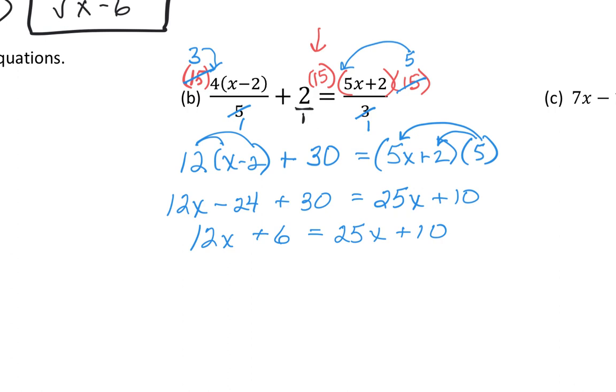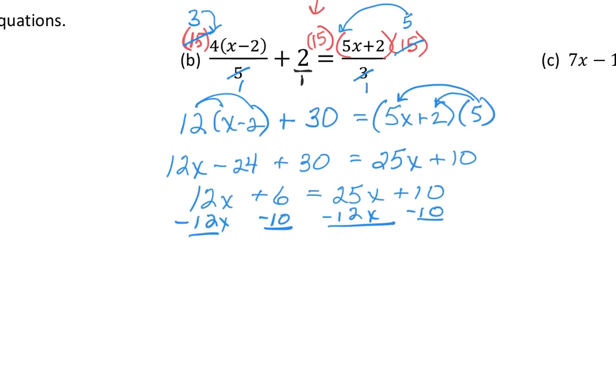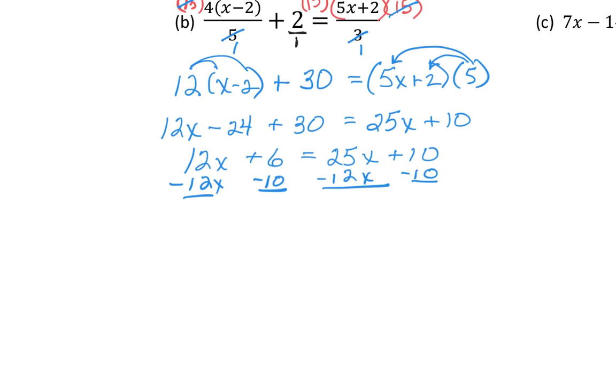Okay, so what do I want to do? I'm going to take 12x and subtract it from both sides. And now I'm going to take 10 and subtract it from both sides. That gives me, on the left side, negative 4.